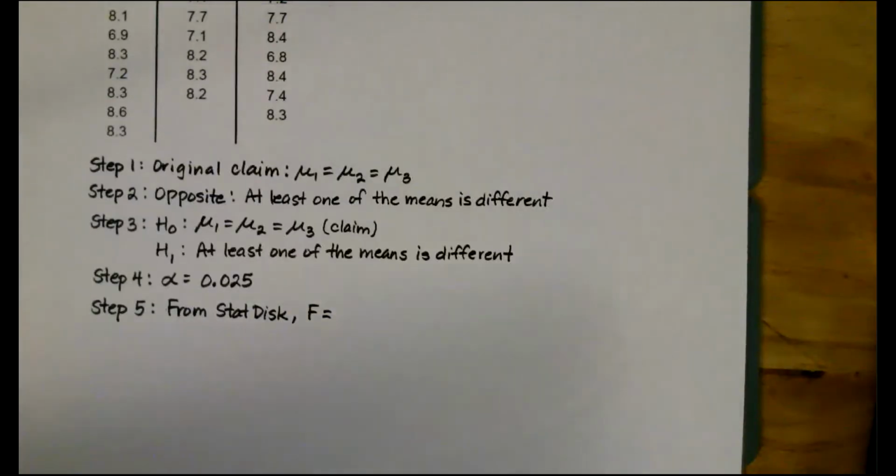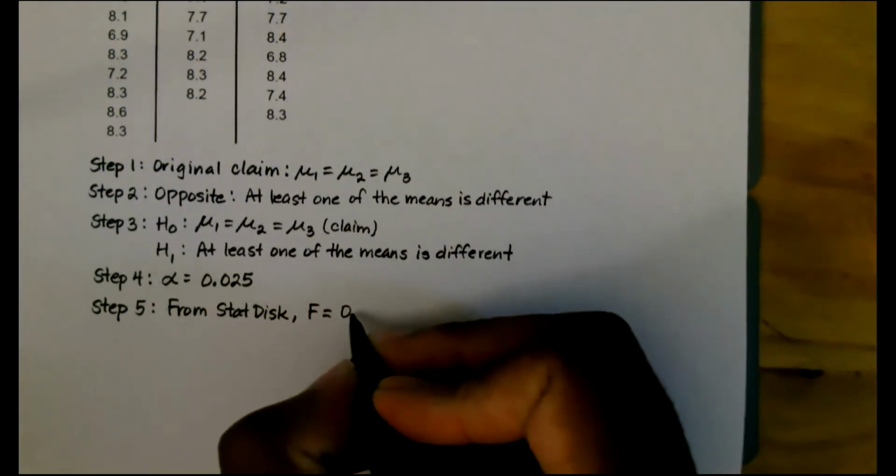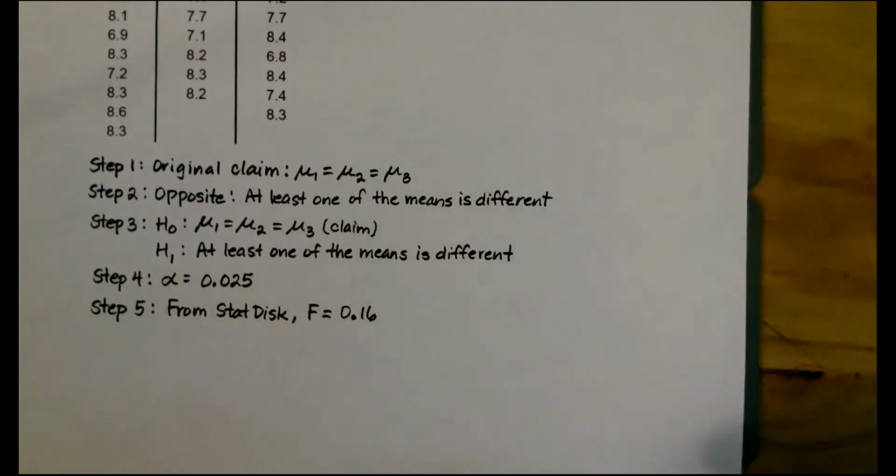Here it is. So do not worry about this top part right here. Let's look at the bottom part right here, where you have the test statistic, which is your F, and that's this number, 0.15991. And if I want to round this off to 2 decimal places, that would be 0.16. So your F test statistic from Statistic is 0.16.